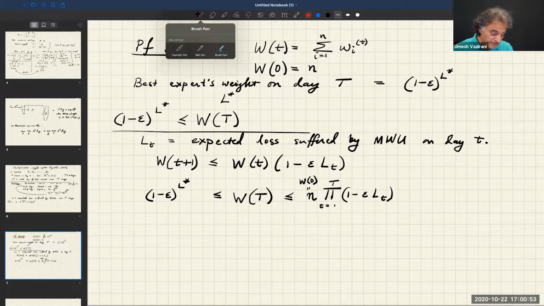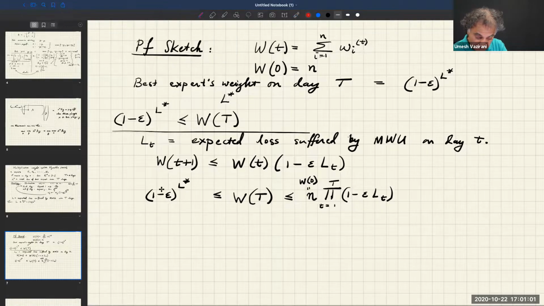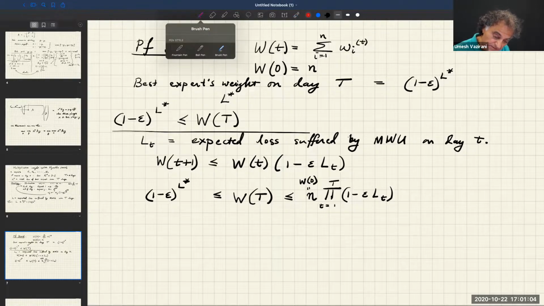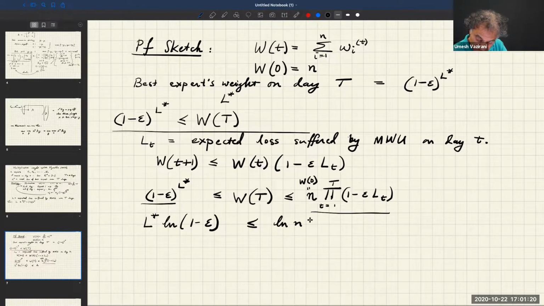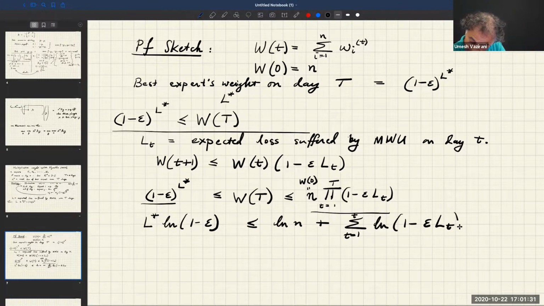Okay, so now W of t is smaller than that, so this left-hand side is definitely smaller than this right-hand side. Now you take logs of both sides. And so you get L star ln(1 minus epsilon) is less than or equal to ln n plus the sum over t from 1 to t of ln(1 minus epsilon L sub t).